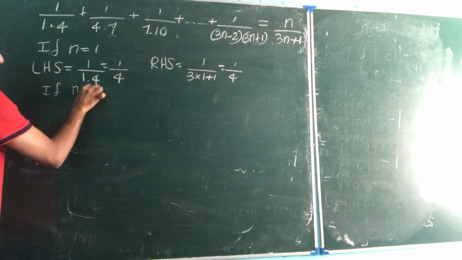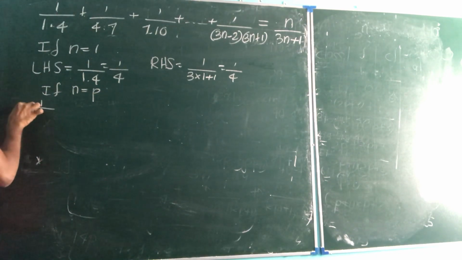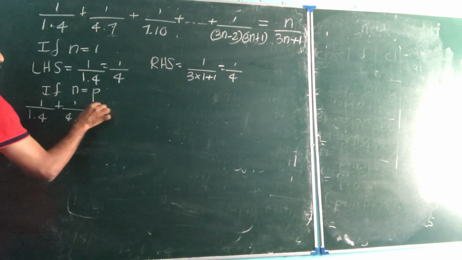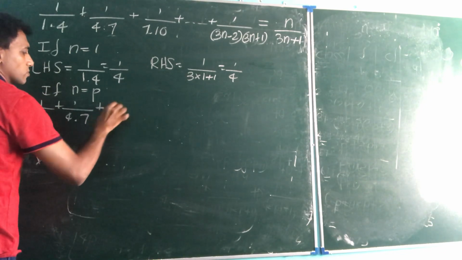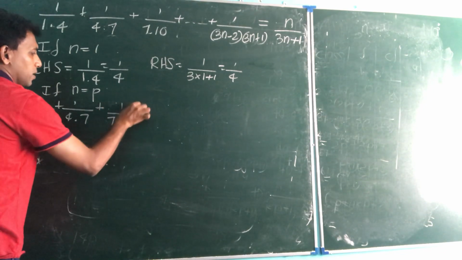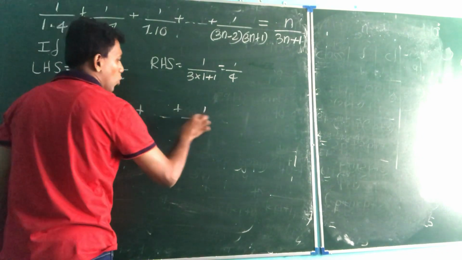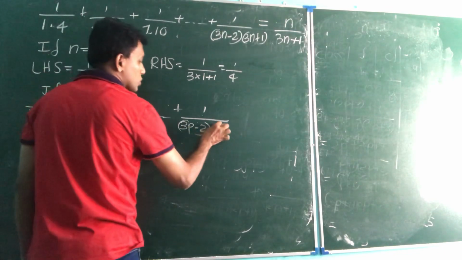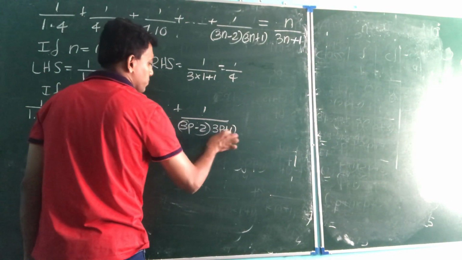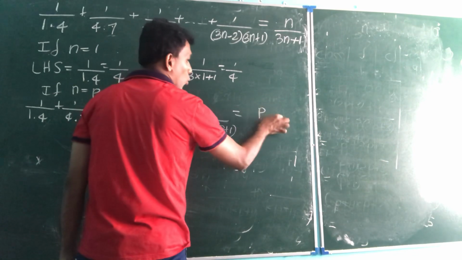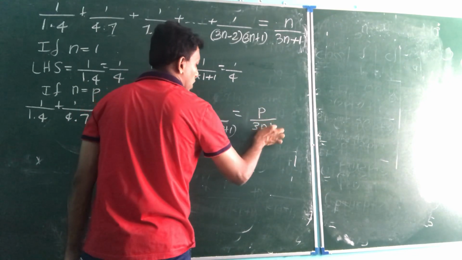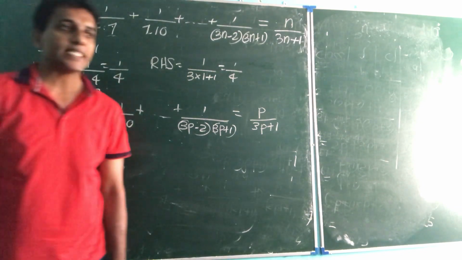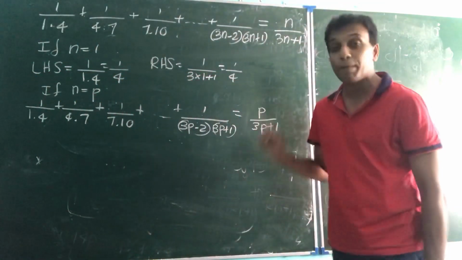Let's copy: 1 over 1 into 4 plus 1 over 4 into 7 plus 1 over 7 into 10 and up to plus 1 over (3p minus 2)(3p plus 1) equal to what? p over 3p plus 1, right? Yes, the assumption says this is true for n equal p.